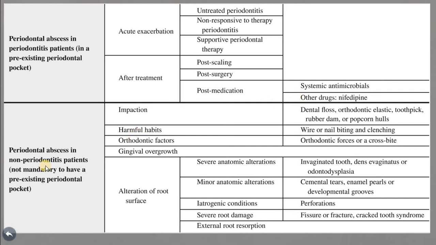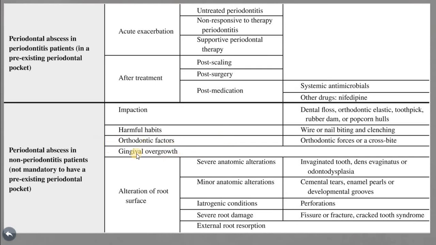While for the non-periodontal causes, for example, we have impactions. Impaction of what? Impaction of dental floss, orthodontic elastics, toothpicks, rubber dam, popcorn hulls, or fish bones. Or the patient has bad habits like wire or nail biting and clenching, orthodontic forces, excessive force, or crossbite, which may cause abscess formation.